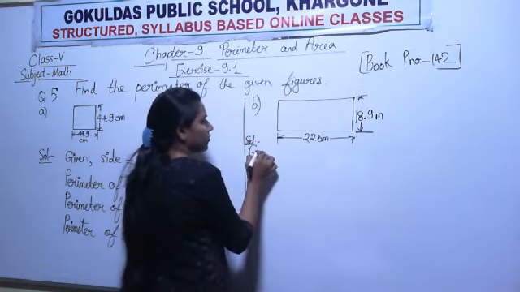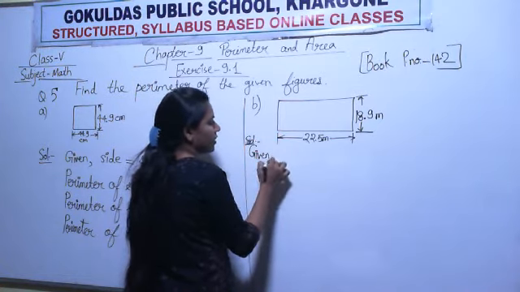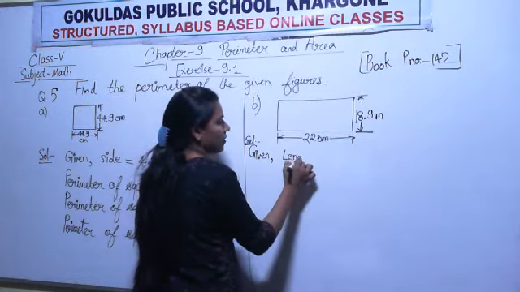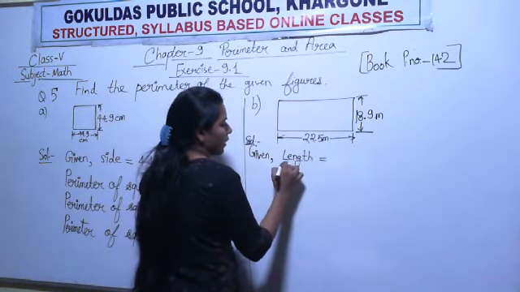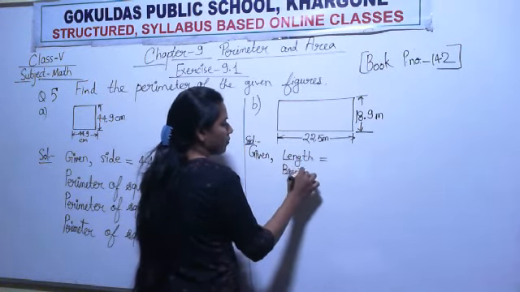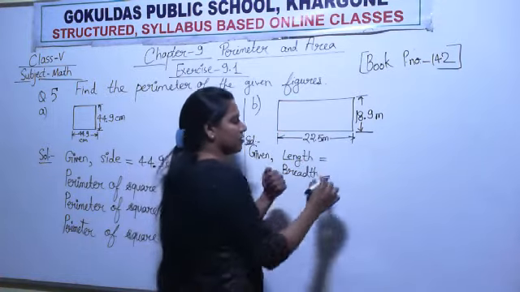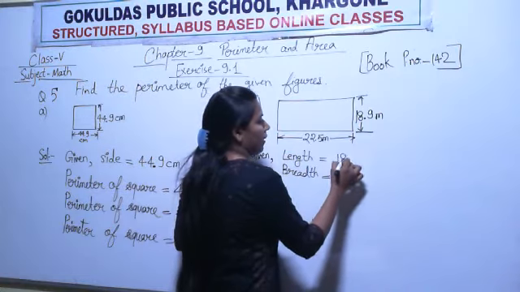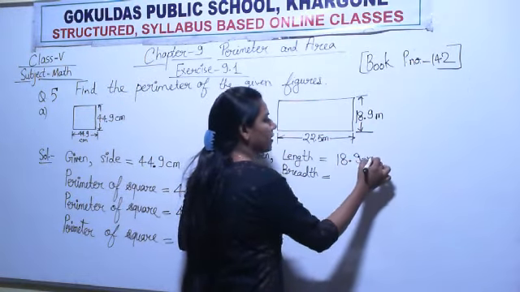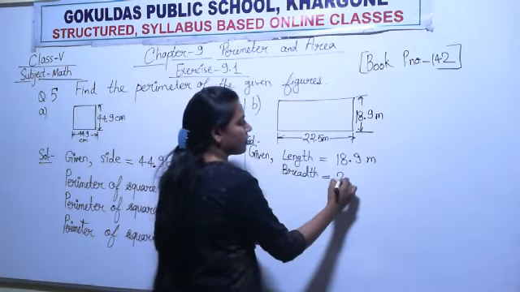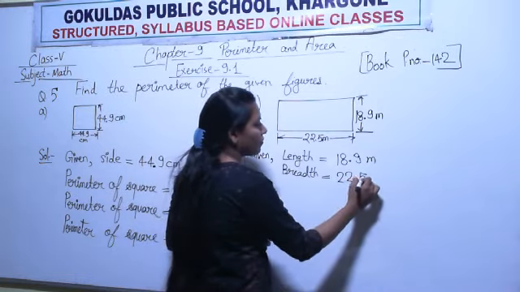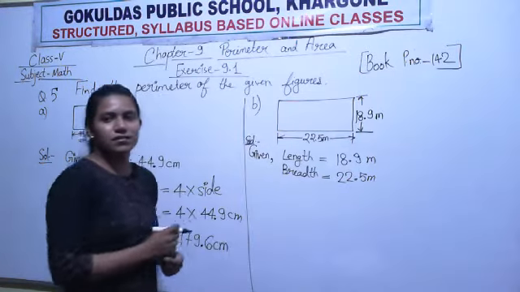In solution we will write the given data. What is given? Given length equals to and breadth equal to. Both the things are given. Length is 18.9 meter and breadth is 22.5 meter, right?